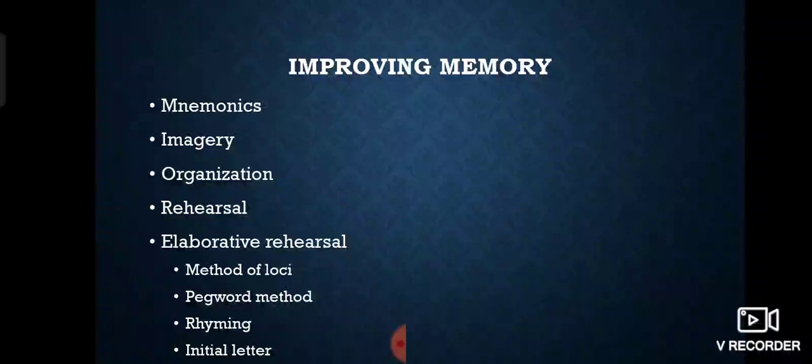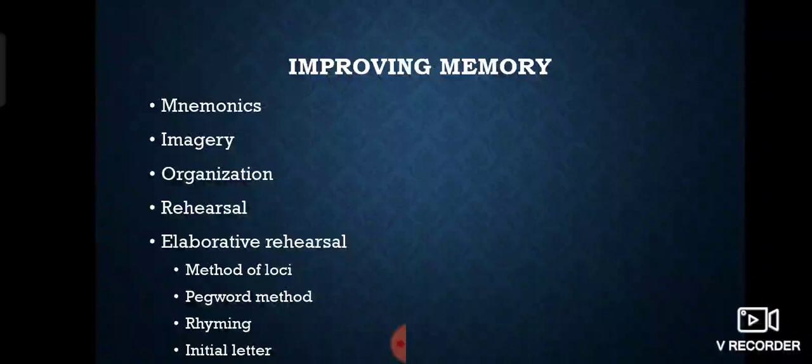And rehearsal, of course, is practice. Doing it again and again would improve memory. And rehearsal would help us retain information for a longer period of time.